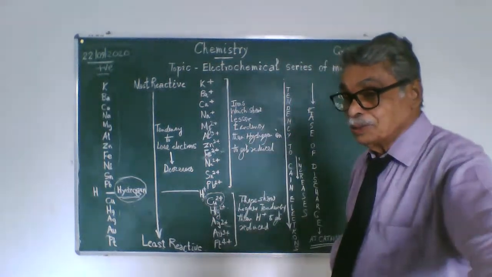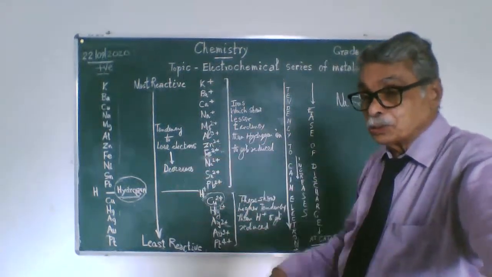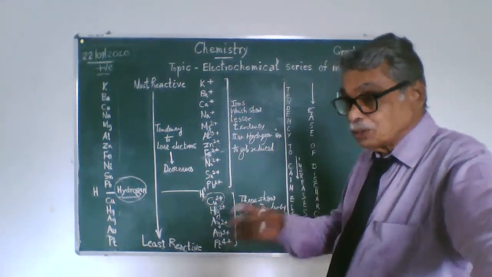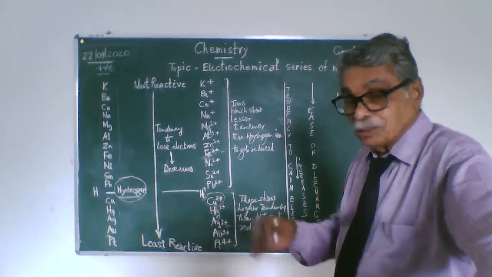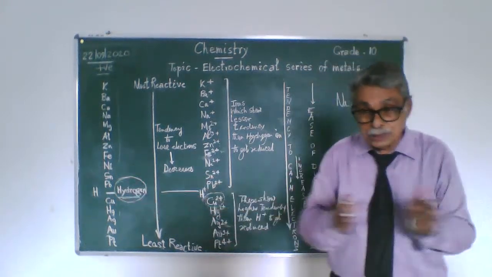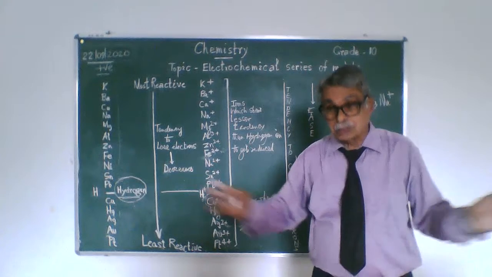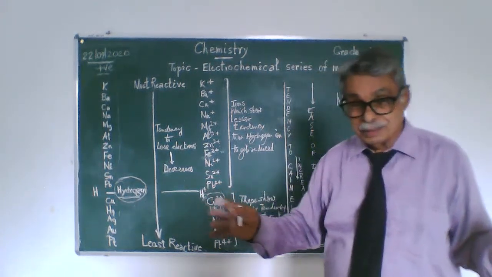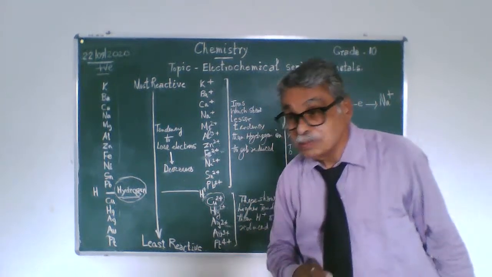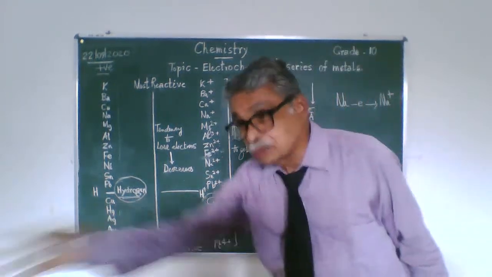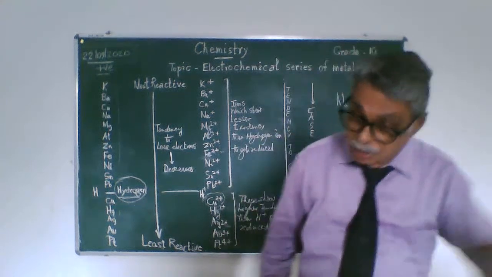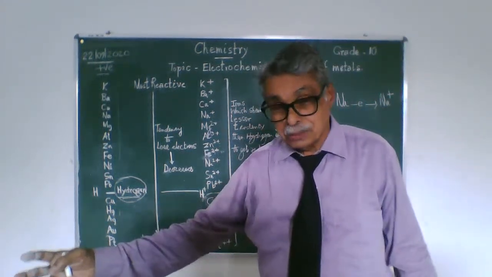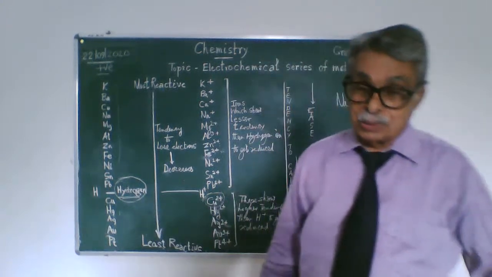You know, in a solution, if you put two electrodes connected to a source of current, if that solution contains ions, ions will move to the opposite electrodes. Cations will move to cathode, anions will move to anode.